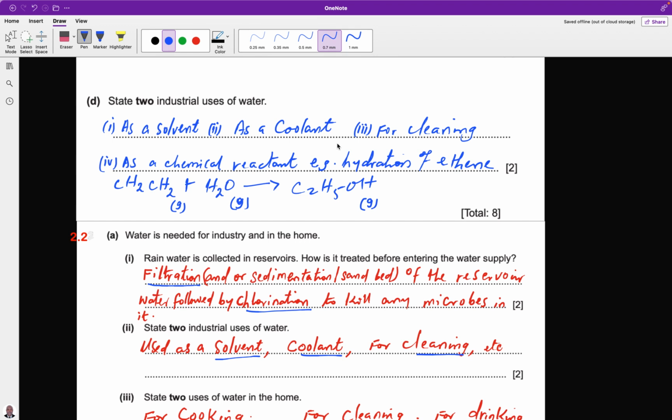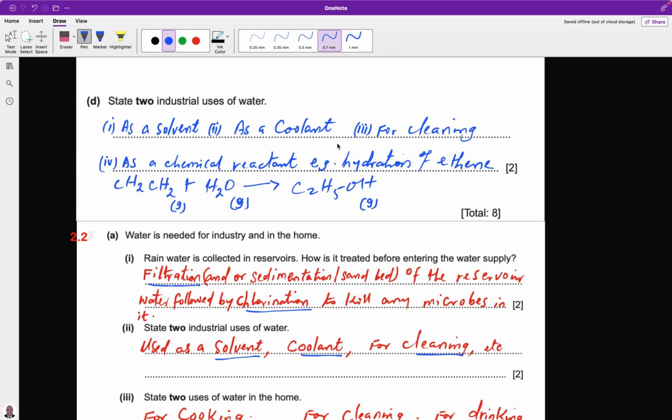One of the uses of water in industry is as a solvent. For instance, in companies that use water for dilution or to dissolve certain things, or if you are making powder in a chocolate company, you need to add some water, you need to add some sugar to dissolve the solute. So we use it as a solvent.